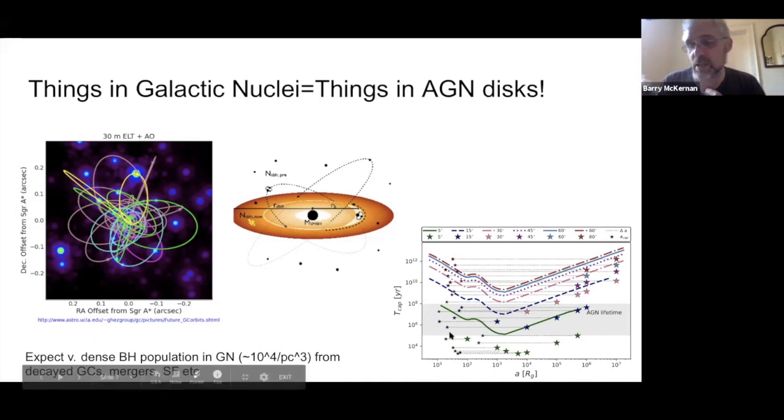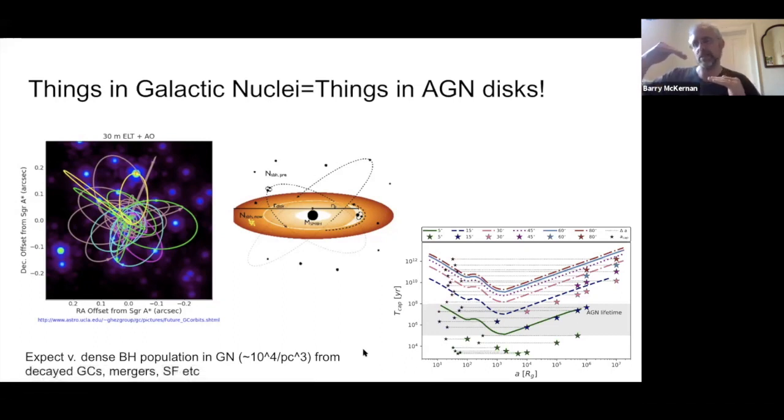And again, this is a little panel from Fabi et al. from last year, led by our students, showing you that modest inclination angle orbiting black holes can get pretty efficiently captured by AGN disks over a reasonable amount of time.